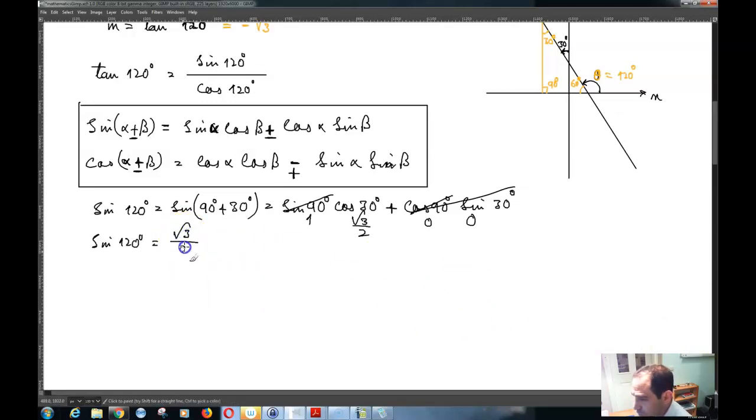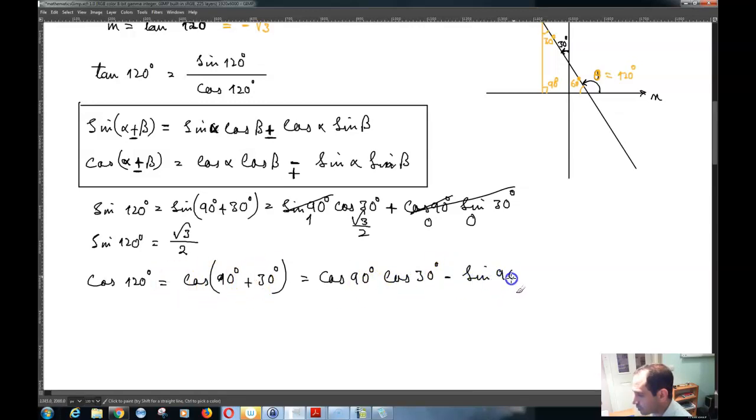And cos of 120 degrees, you can write as cos of 90 degrees plus 30 degrees, which is equal to cos 90 degrees cos 30 degrees minus sine 90 degrees sine 30 degrees. You know that cos 90 is equal to 0, so this whole thing becomes 0, and sine 90 is equal to 1.